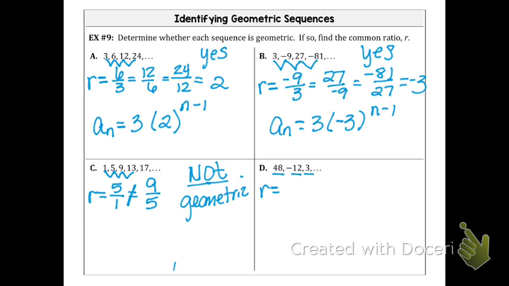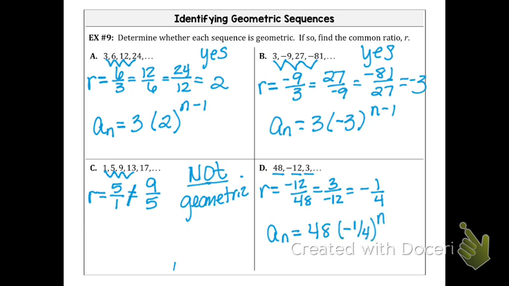And if you're unsure, remember, second term divided by the first term. Third term divided by the second term. Either way, when I reduce these, I get -1/4. So then I know my equation, a sub n is equal to our first term, which is 48, times the common ratio raised to the n minus 1.